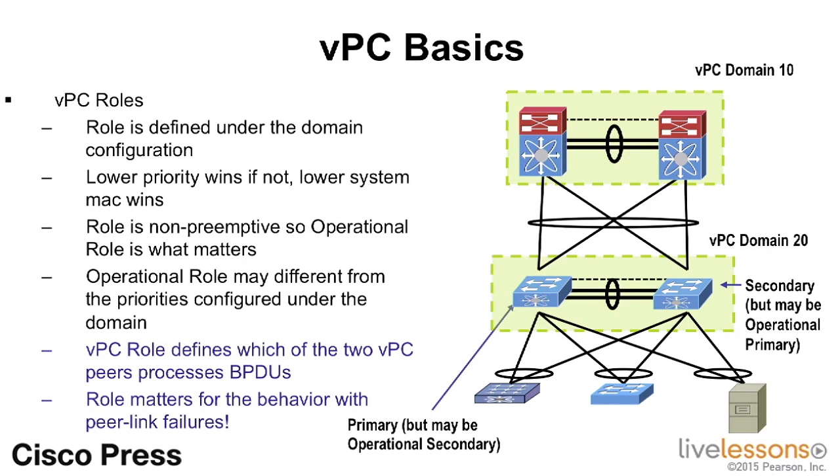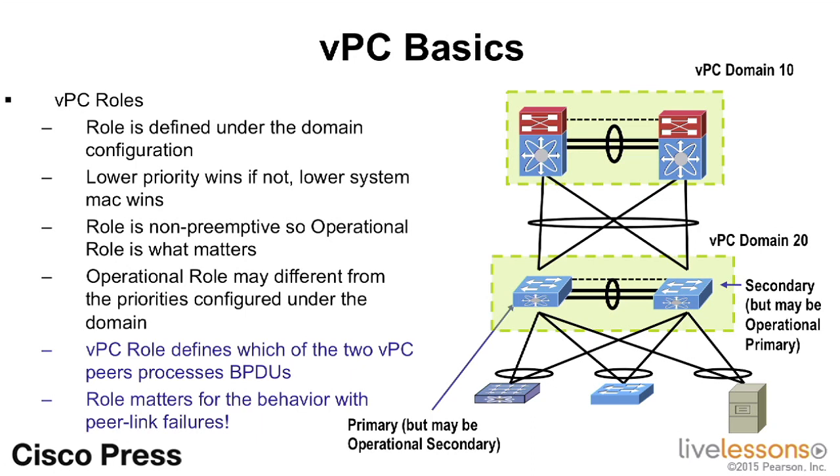This introduces not only primary and secondary, but also operational primary and operational secondary. If I define this switch with a lower priority and make it the primary, and define this switch with a higher priority and it becomes the secondary, and this switch restarted for whatever reason or experienced some sort of failure, the switch on the right would be the secondary but become the operational primary.